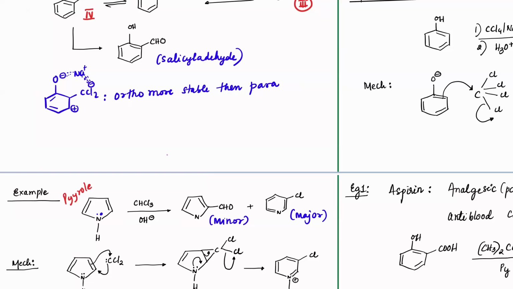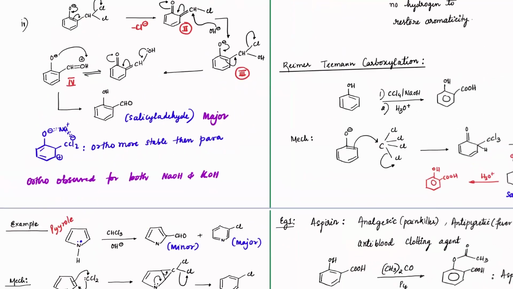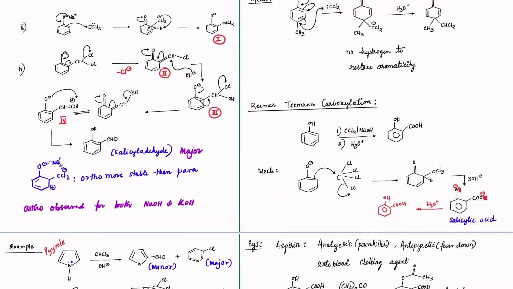So that's why ortho is always coming out to be the major product, and it is the same observed for both NaOH and KOH. In NCERT also they have given it as KOH in some cases, NaOH in some cases, but in both cases, the major product was chosen as salicylaldehyde. That is ortho substitution only.